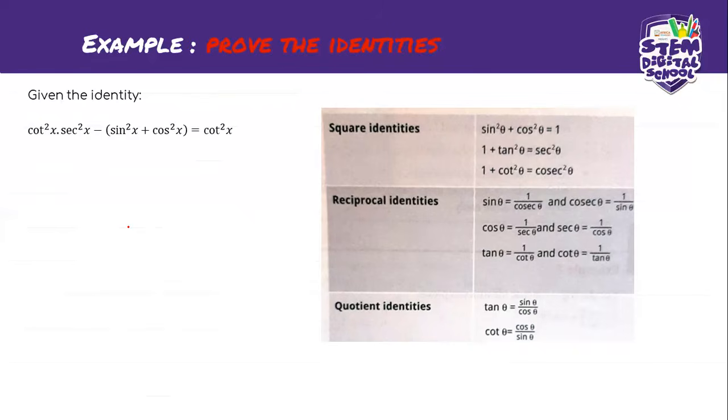So you always take the complicated side, or the side that has more information. In this case, we can see that the left hand side has more information than the right hand side. Now let's proceed and see.